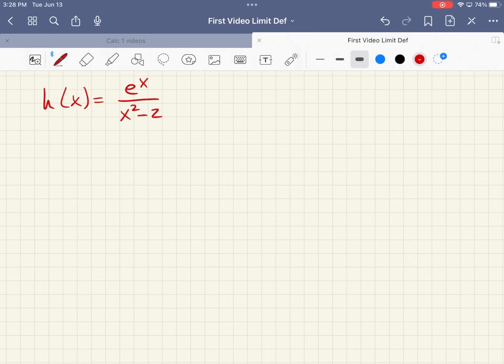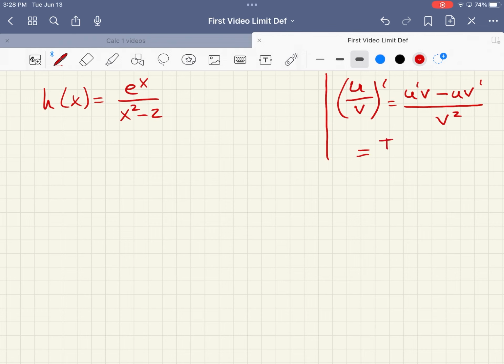Now let's recall that the derivative of u over v is going to be u prime v minus u v prime over v squared. A lot of times I'll tell students to think of it like this: it's the top derivative times the bottom minus the top times the bottom derivative, all over the bottom squared.